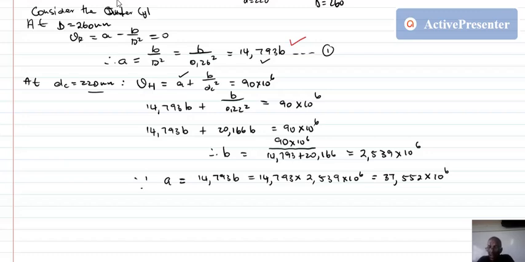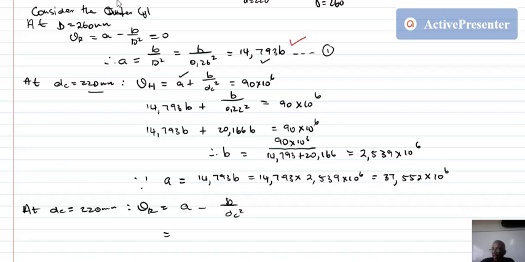Right. Now, I can relate to saying add DC to the question, which is 220 millimeters. My radial stress is the same as A minus B over DC squared.